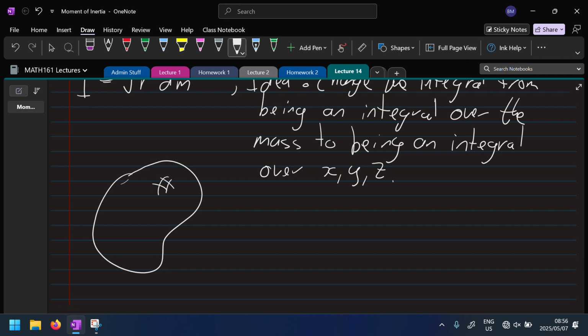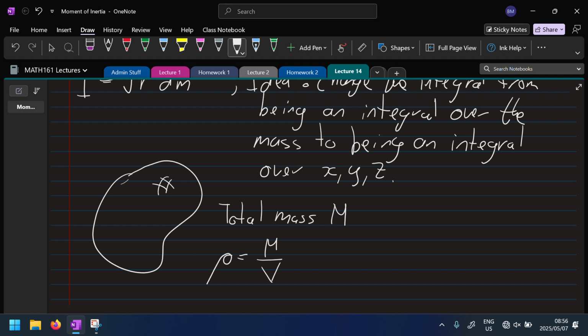It's going to have some total mass, let's say total mass m. If it has a total mass m and some volume v, then we can write the density, rho, as m over v, the volume mass density. Now, this is a very special case.